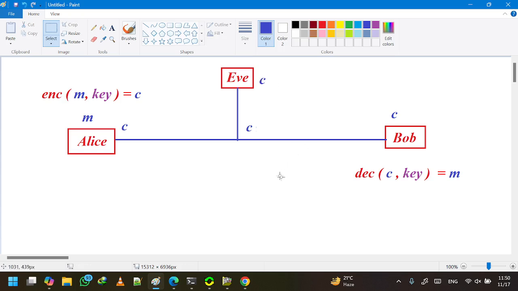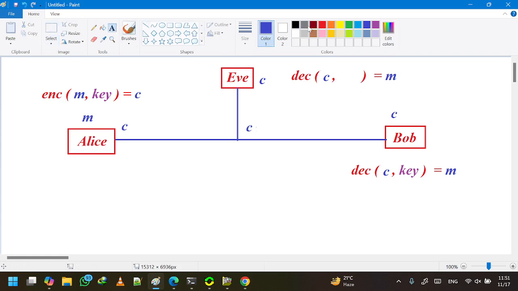The hacker and Bob and everyone knows the ciphertext right now, but Bob will be able to perform the decryption operation because he will receive the ciphertext C and Bob already knows the key. This ciphertext C will be given to the decryption function, and this will produce the plain text message M. But Evil Eve will not be able to perform this decryption because the key will not be known.